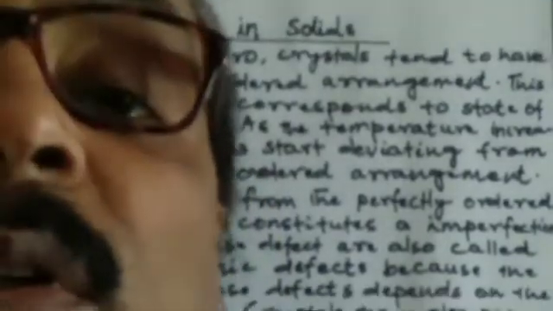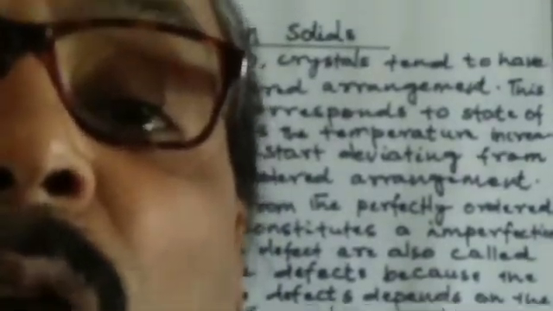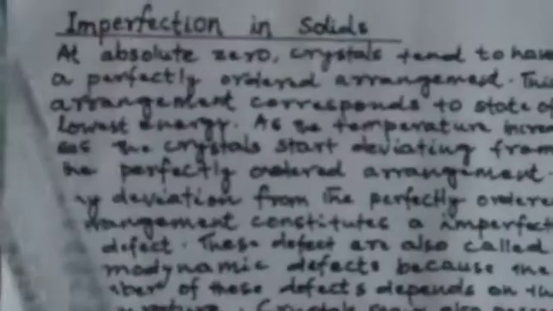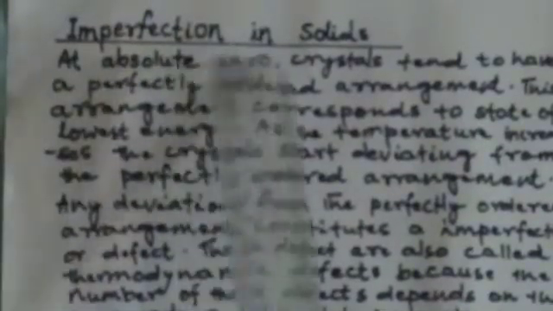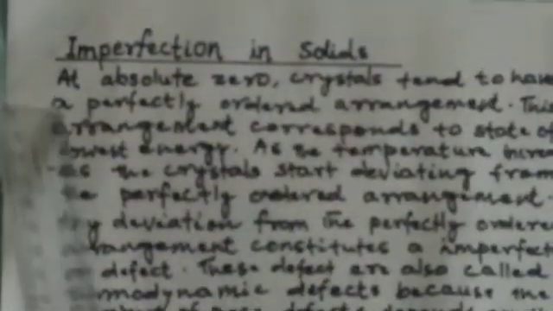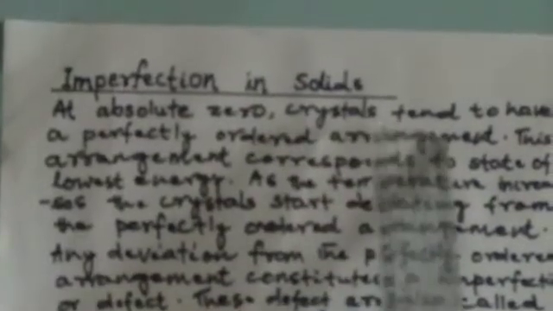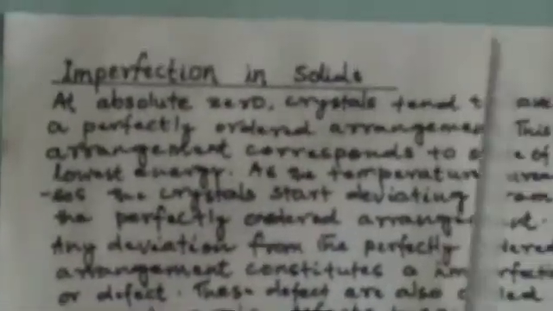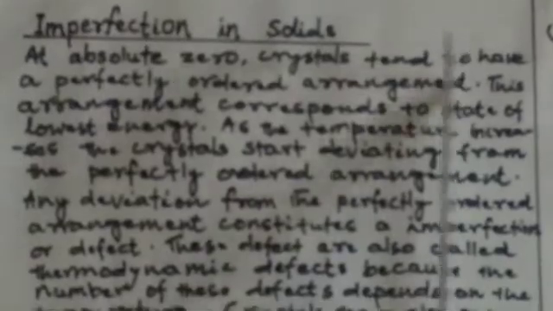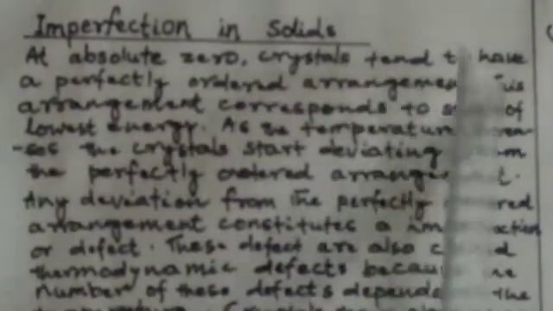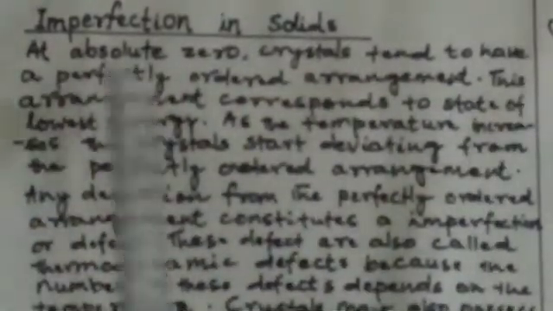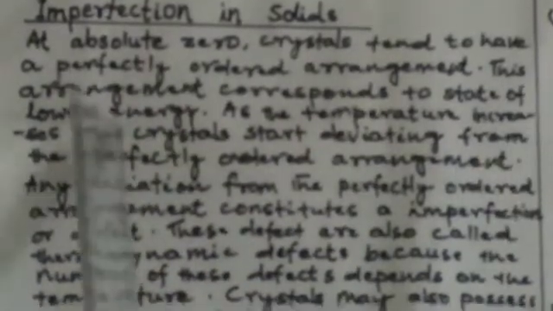In class 11th, in the thermodynamics unit, in the third law of thermodynamics, what we have learned is that the entropy of a perfectly crystalline solid becomes zero at absolute zero. That means at absolute zero, crystals tend to have a perfectly ordered arrangement when their entropy becomes zero, and this arrangement corresponds to a state of lowest energy.